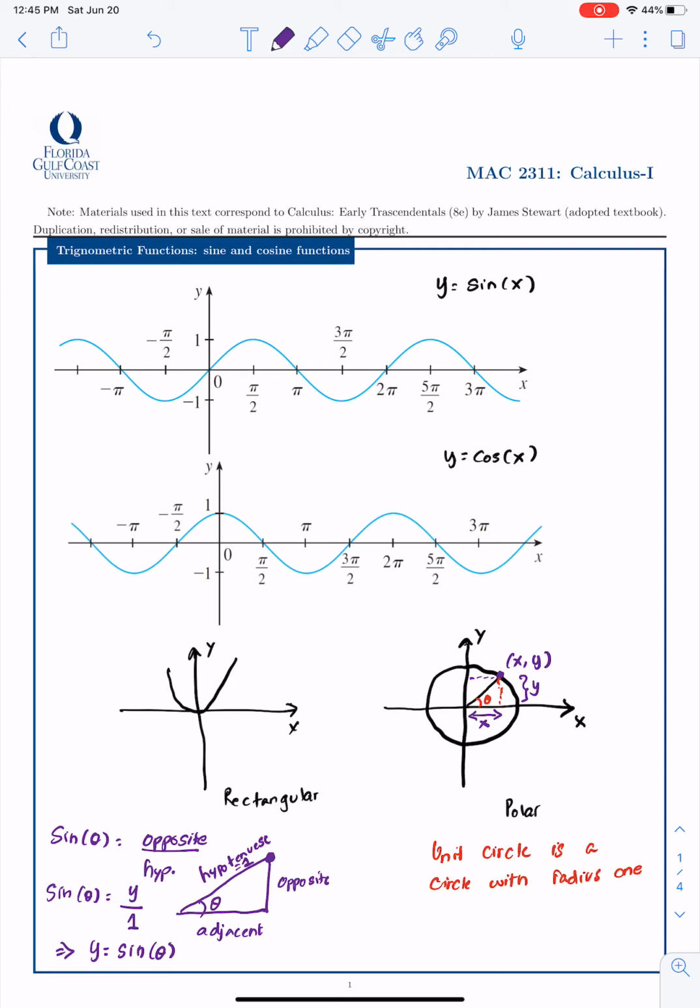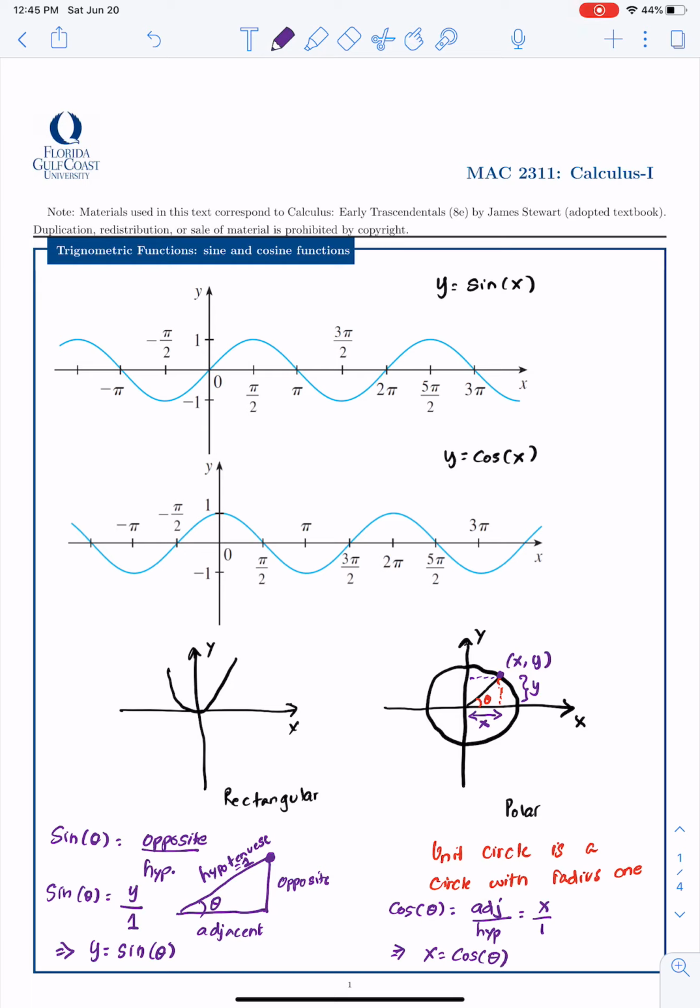In a similar manner, cosine theta is simply the adjacent side length divided by the hypotenuse. The length that I defined for the adjacent side is x. The length of the hypotenuse is 1, which would simply mean x is equal to cosine theta.